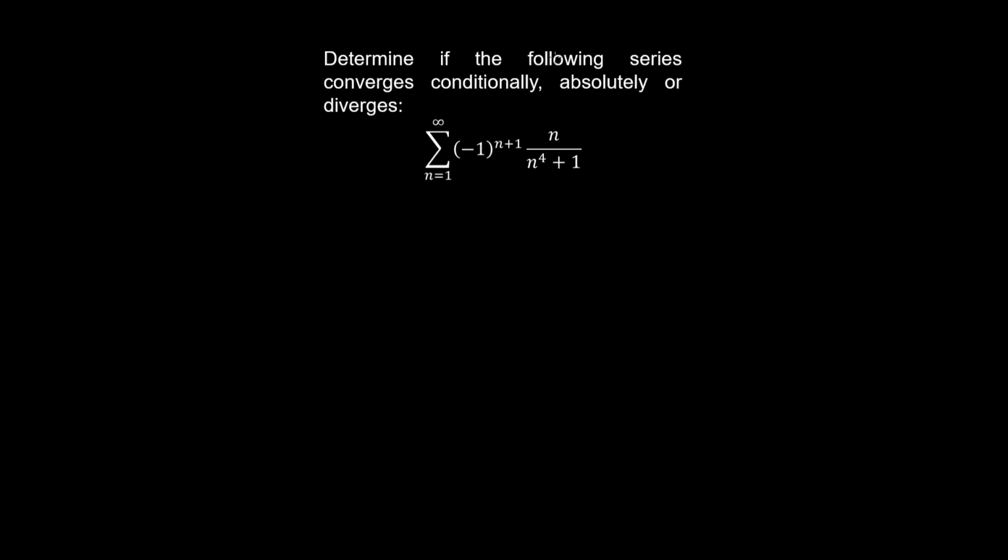Let's determine if the following alternating series converges conditionally, absolutely, or diverges. So we designate these terms in the series as an, and these terms as bn, which is the absolute value of an.